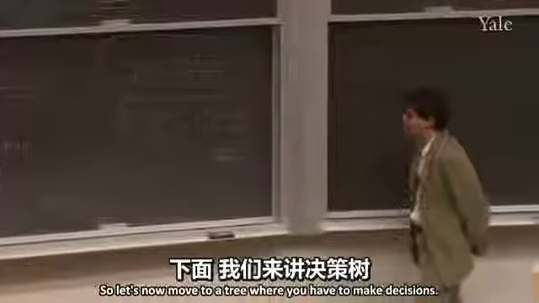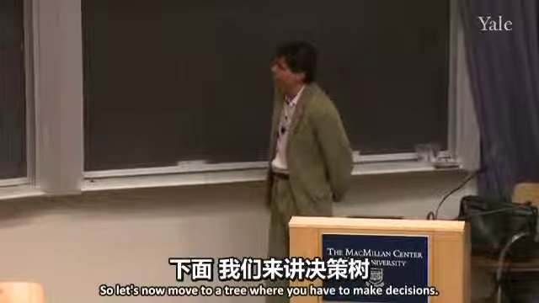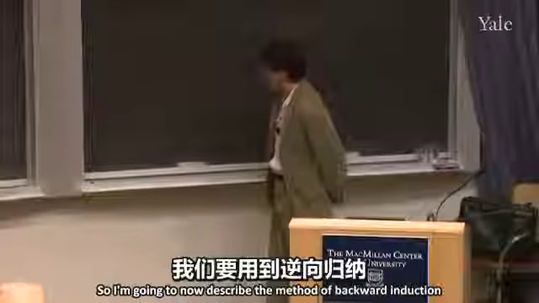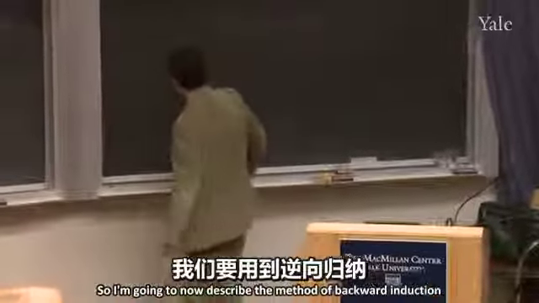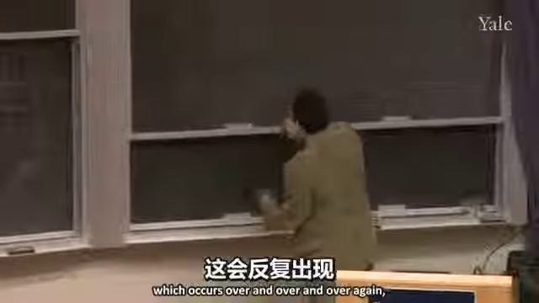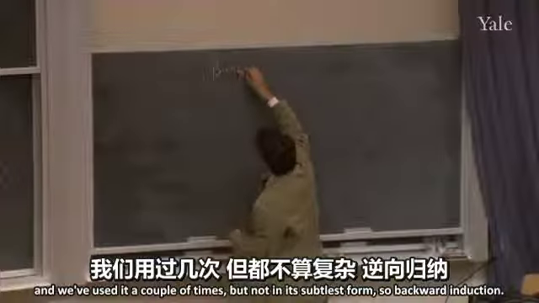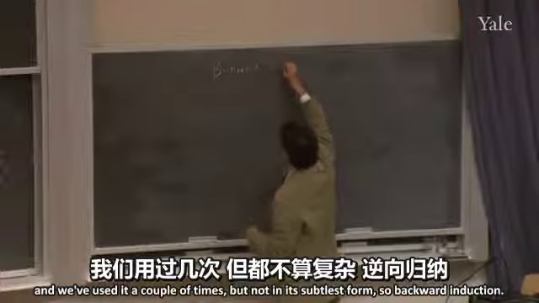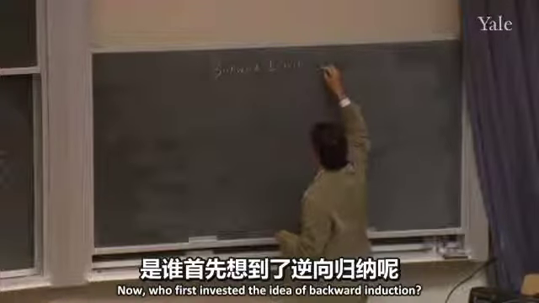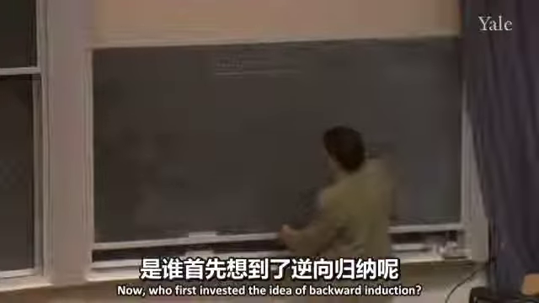So let's now move to a tree where you have to make decisions. I'm going to now describe the method of backward induction, which occurs over and over again. We've used it a couple of times, but not in its subtlest form. Now who first invented the idea of backward induction?